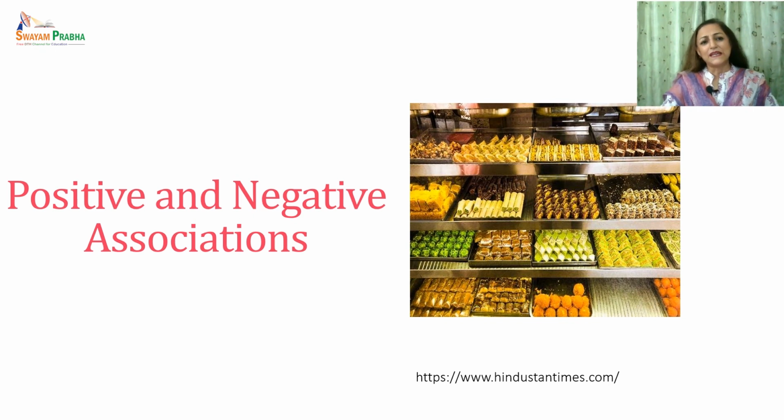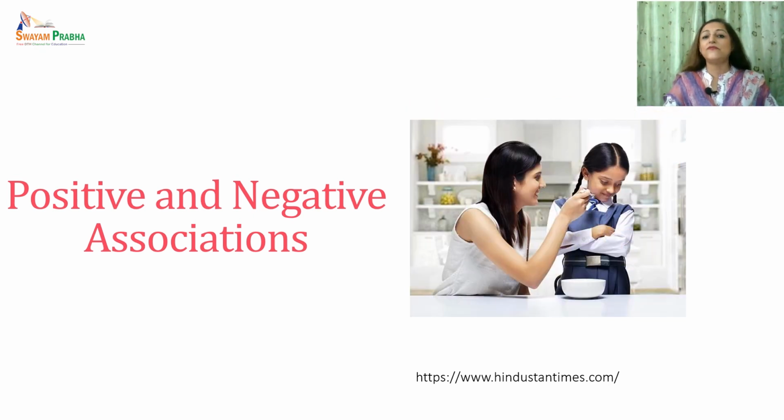And similarly, we often develop some strong dislike for certain foods which we had to eat when we were sick or we were forced to eat when we were not hungry, or any kind of food which we just liked a lot and our parents told us to eat at that moment. So that food gets a certain kind of association which will shape our food choice in the future.